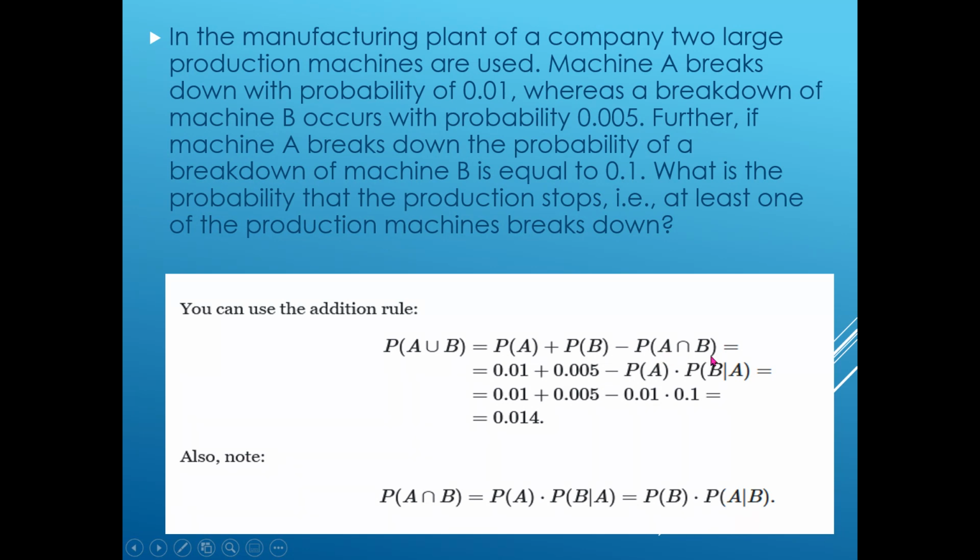The question says that the probability for machine B is influenced by machine A. So I am going to use the simple probability of breakdown for A, but the conditional probability for machine B. It is given that if A breaks down, then the probability of breakdown for machine B is 0.1. So I am going to multiply 0.01 with 0.1, and finally we get the answer, which is the probability that the production will stop.